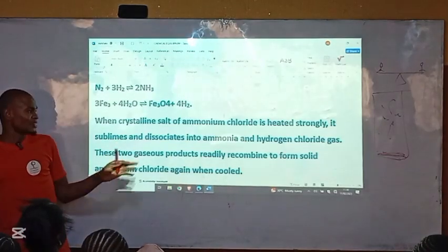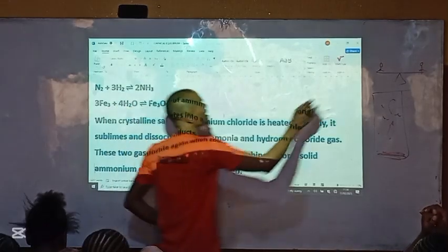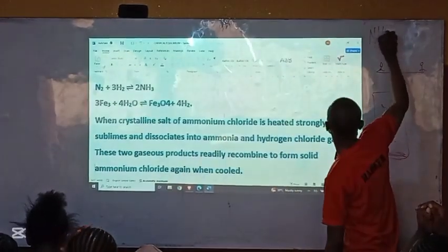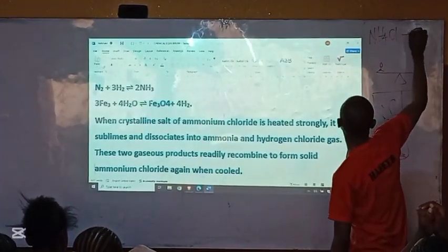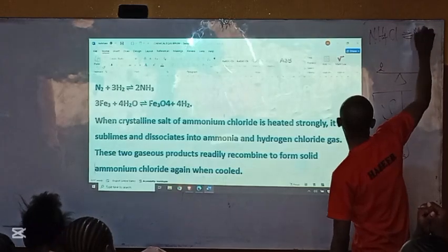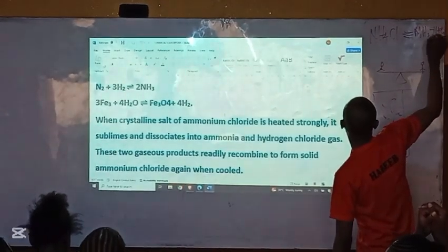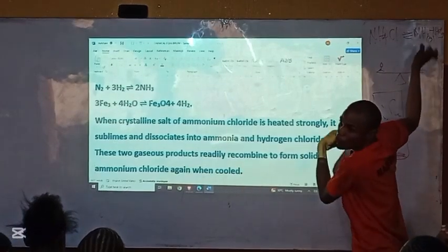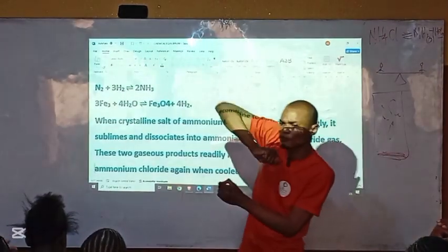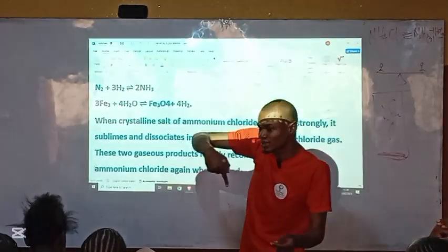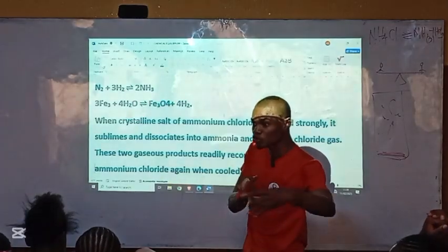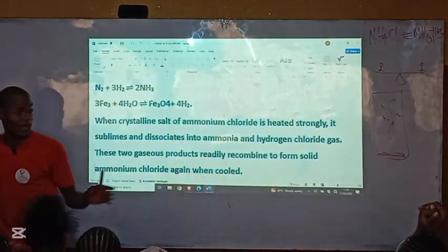Now it becomes vapor directly. Ammonium chloride is a substance that sublimes. It becomes what? Vapor. That becomes ammonia and hydrogen chloride gas, and those gases can also combine together to become solid again. When a solid moves to the gaseous state directly without a liquid state, that process is called what? Sublimation.